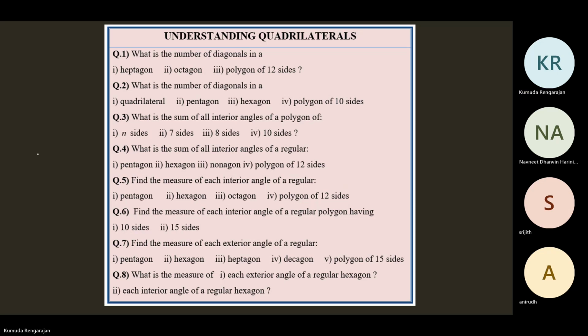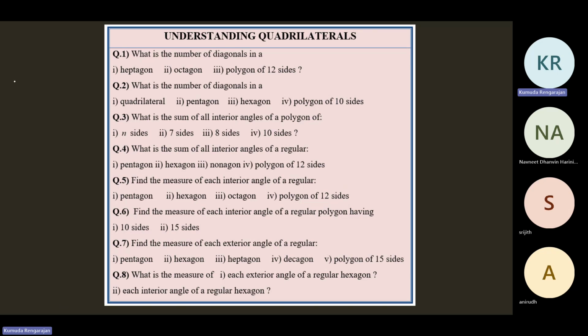Okay. So the sum of all interior angles of a polygon with n sides. You need to understand a polygon with n sides will have n interior angles. Now we are learning the formula to find the sum of all the interior angles of this polygon.